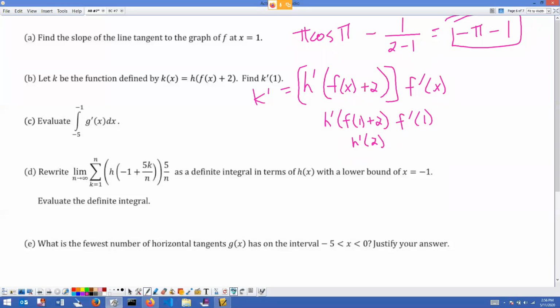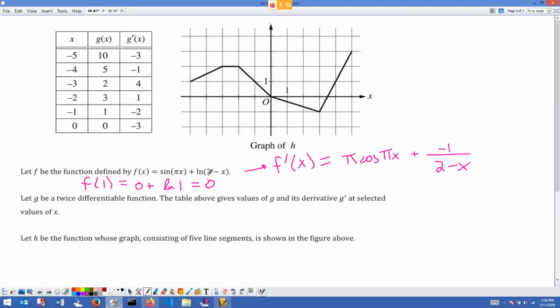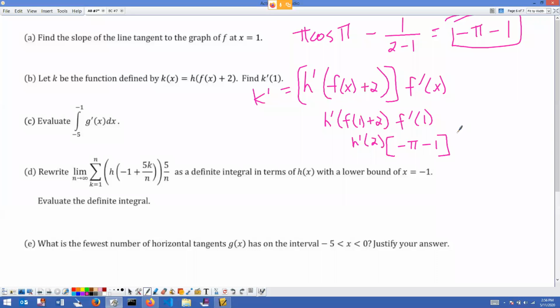F prime of 1 was negative pi minus 1. And then h prime of 2, we should be able to find from our graph. At 2, we're looking for the derivative, which is the slope. It's going down 1 and over 3. So h prime of 2 should be negative 1/3. So going back over here, we've now got negative 1/3 times negative pi minus 1.